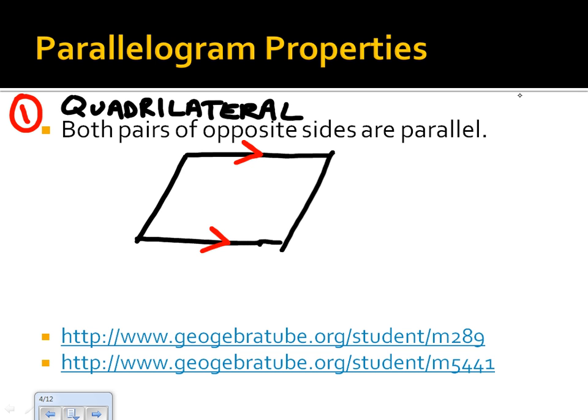And this side will be parallel with this side. Those marks that I drew on there, remember, say that they're parallel. And they work just like the tick marks for congruent. We have 1 pair here, so we mark them with 1. My second pair, I mark them with 2. Okay? So that's the definition of parallelogram.